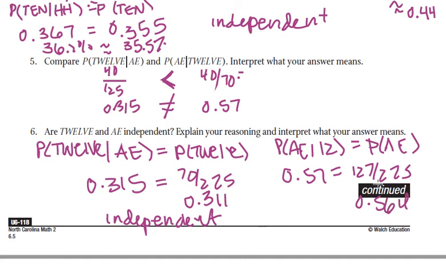So again, we know they're not perfectly independent, but it's saying that being in 12th grade and academic achievement are independent of one another. One doesn't seem to have an impact on the other.